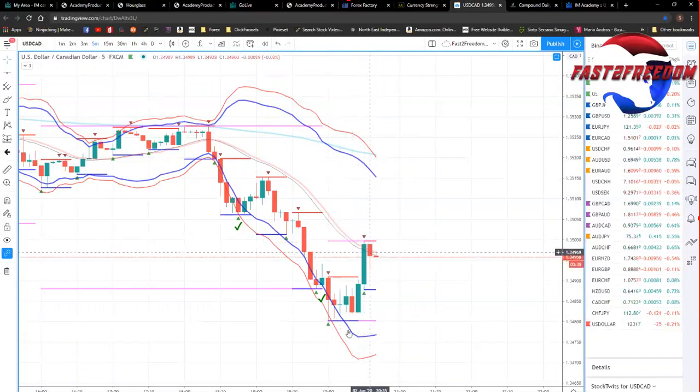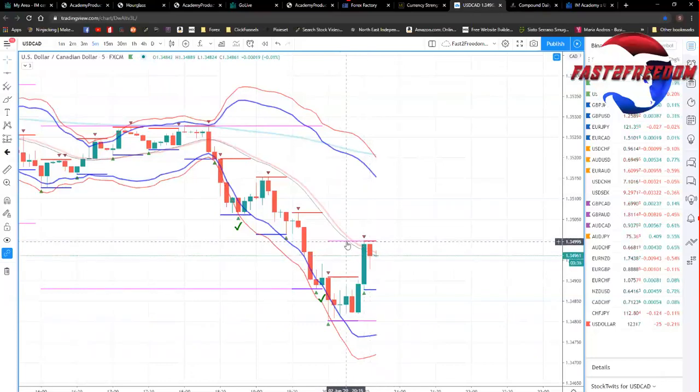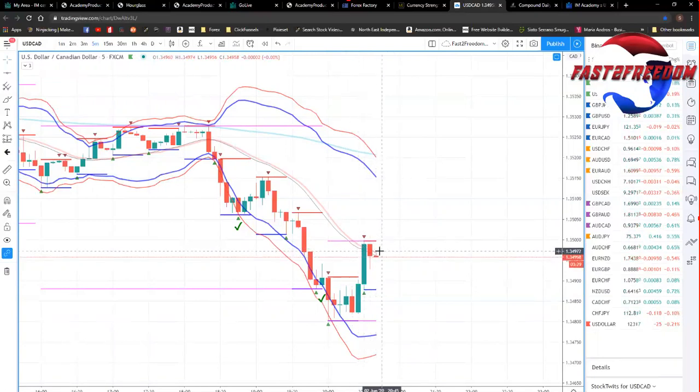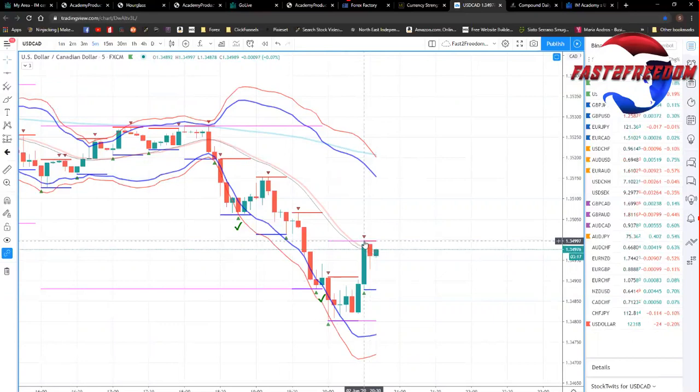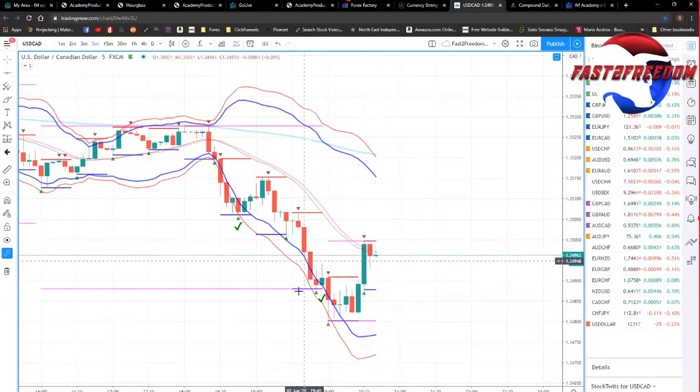When it gives this pink line, that means it's giving out a strong resistance and support, okay? It's telling you that there is a strong resistance and support at these levels, all right? So if it hits that point, I definitely want to get in for a reversal trade, all right? I would have taken that for a 15-minute trade right there for a sell. And this would be my strategy. That's how I would do it.